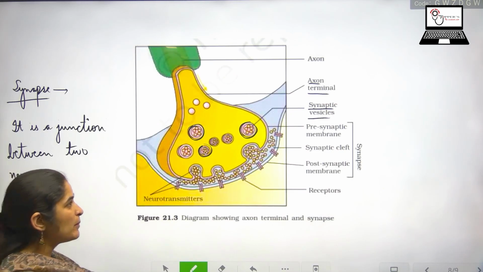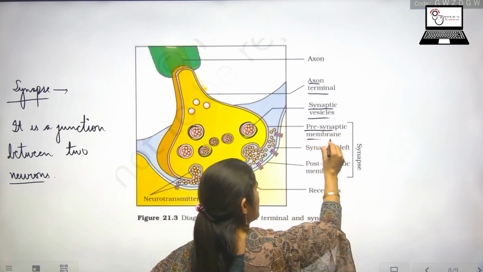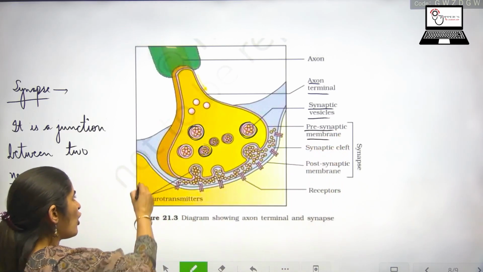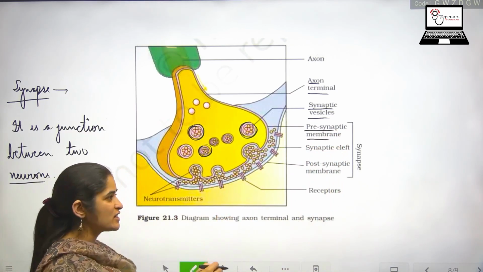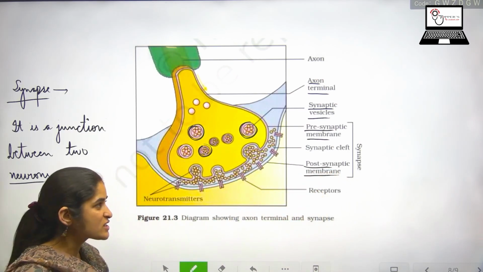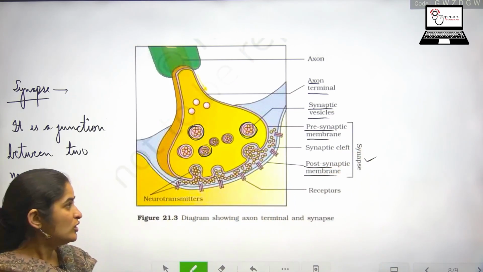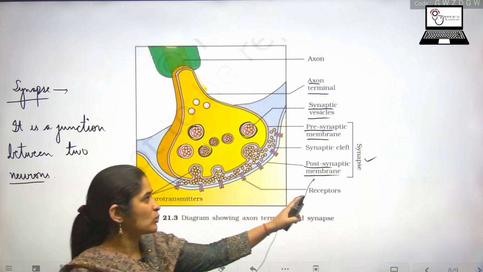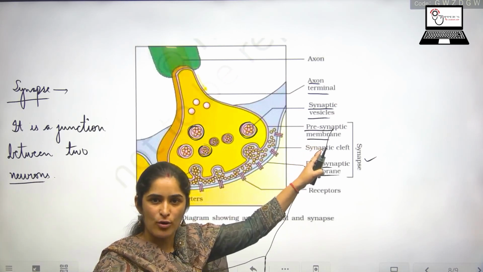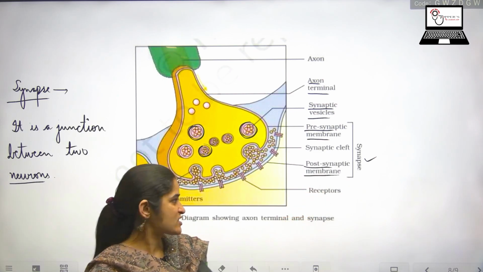Got it? The membrane of the synaptic knob is the presynaptic membrane, and the membrane of the next neuron is the postsynaptic membrane. Both these membranes are involved in the synapse. So the synapse is present between the presynaptic membrane of one neuron and the postsynaptic membrane of the next neuron.